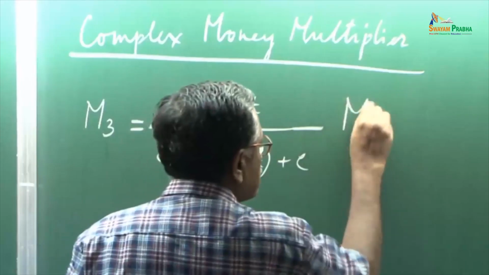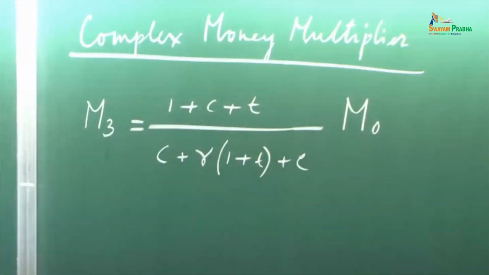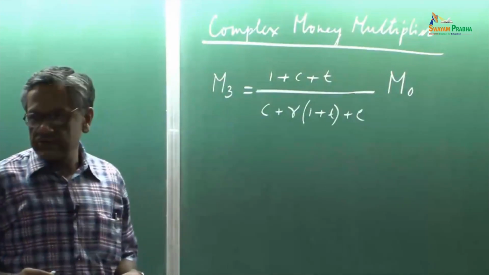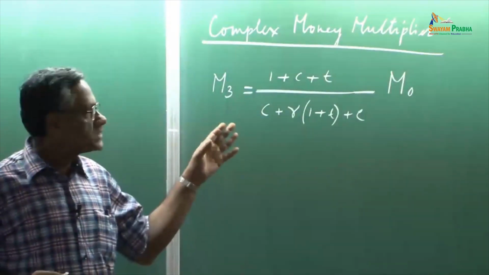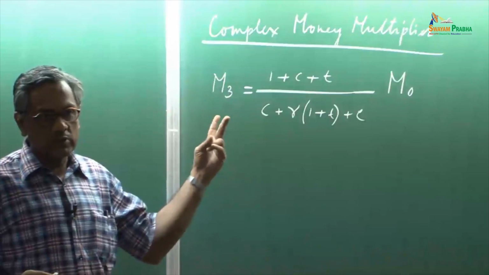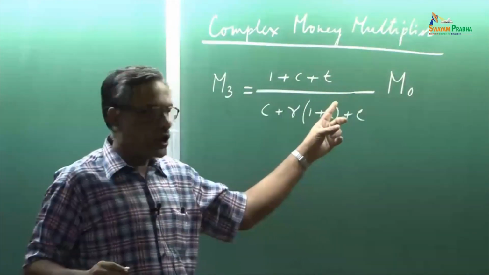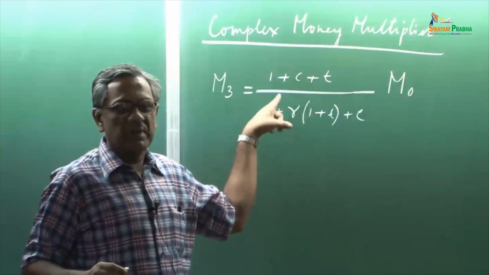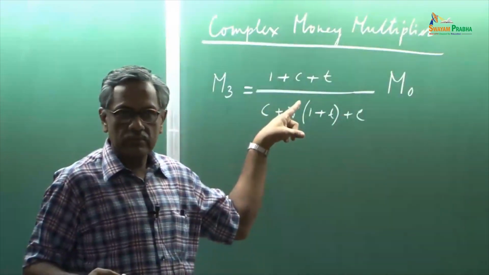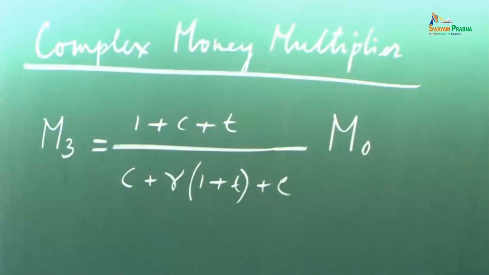So, if anybody asks you why does broad money change in the economy, there are two reasons. Monetary base is changing and or the complex money multiplier is changing. So, broad money can change.